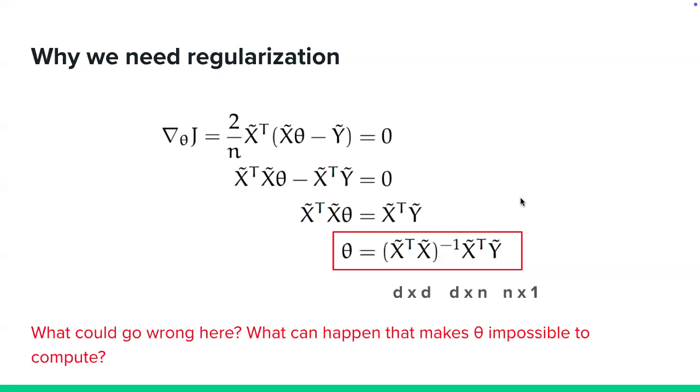So I want to ask you all, what could go wrong with this solution? What can happen that makes this theta impossible to compute?